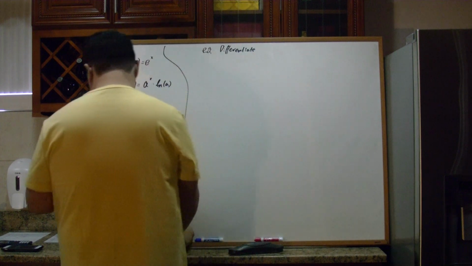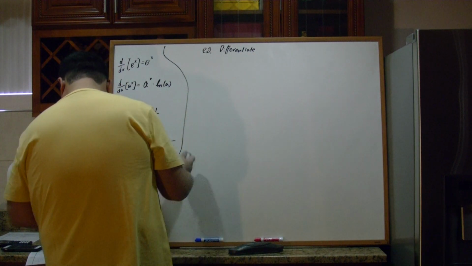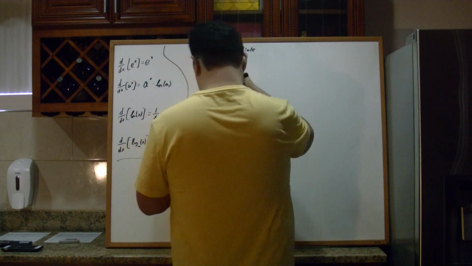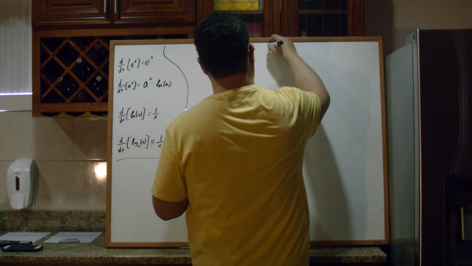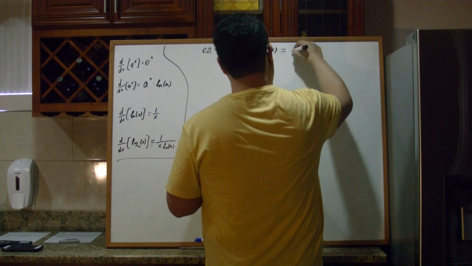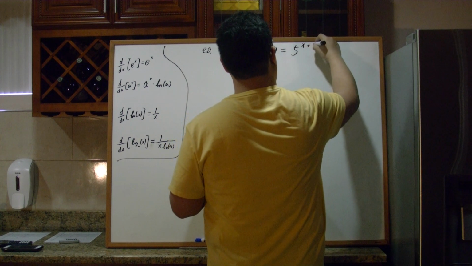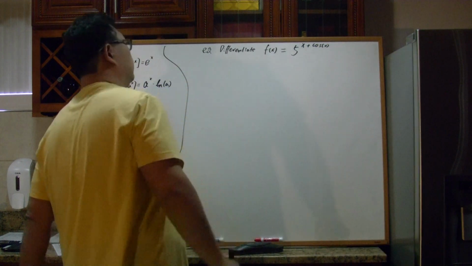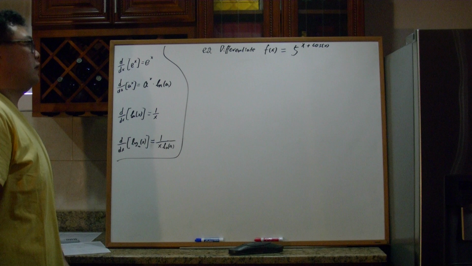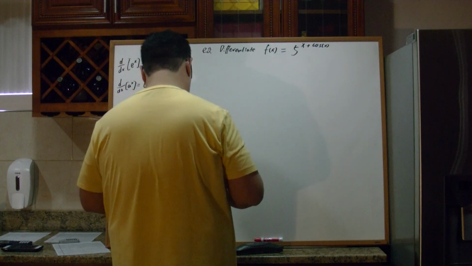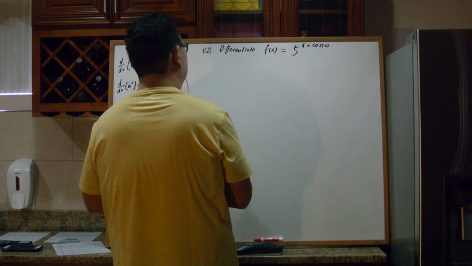Right, to find the derivative of the next expression, 5 to the x plus cosine x. The derivative is the same as for an exponential function.